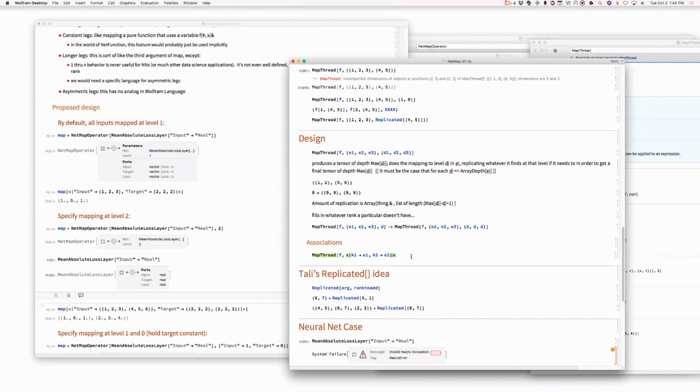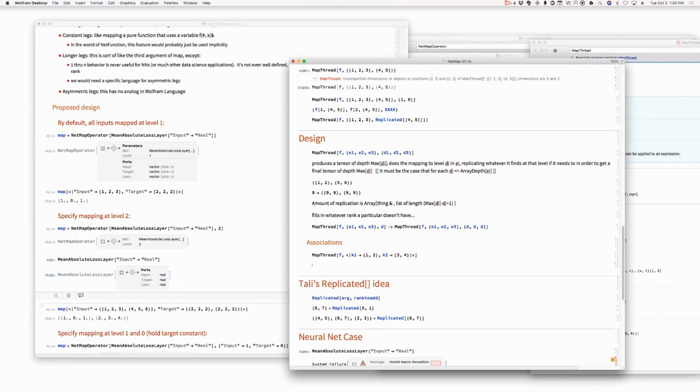Okay. But then what's passed to F is something of the form. So let's imagine E1 is the list 1, 2, for example, and E2 is the list 3, 4, for instance. Then what's passed to F is F of K1 arrow 1, K2 arrow 3, right?